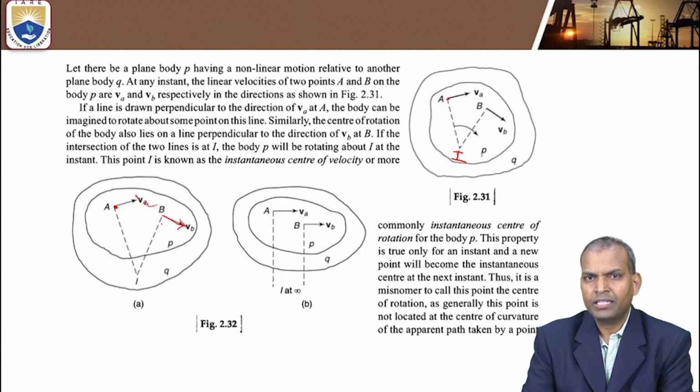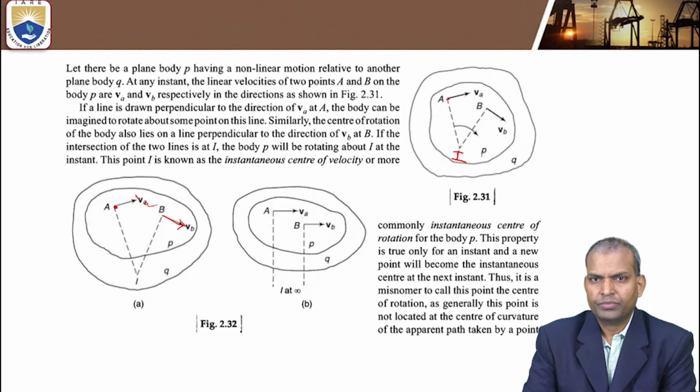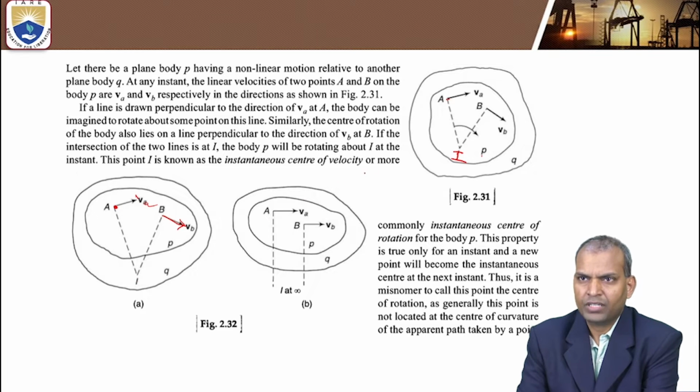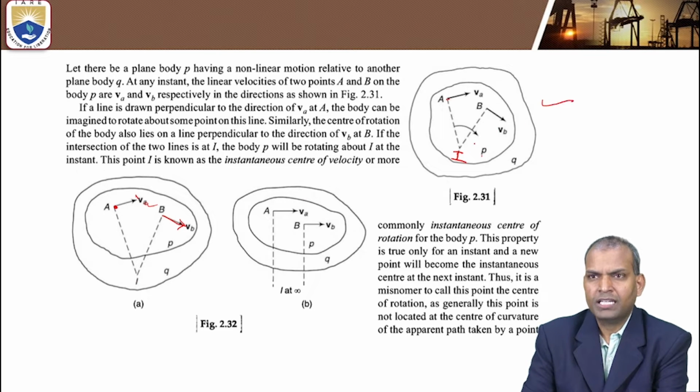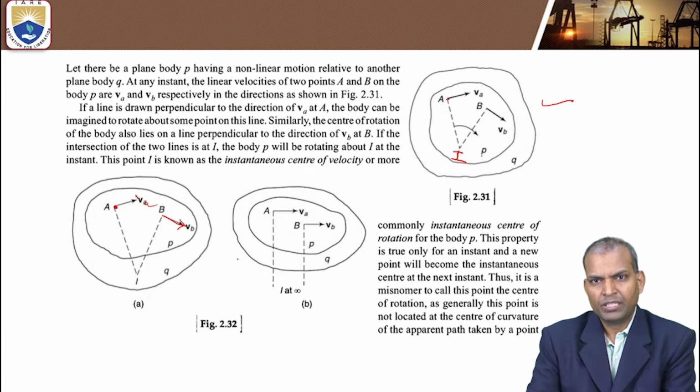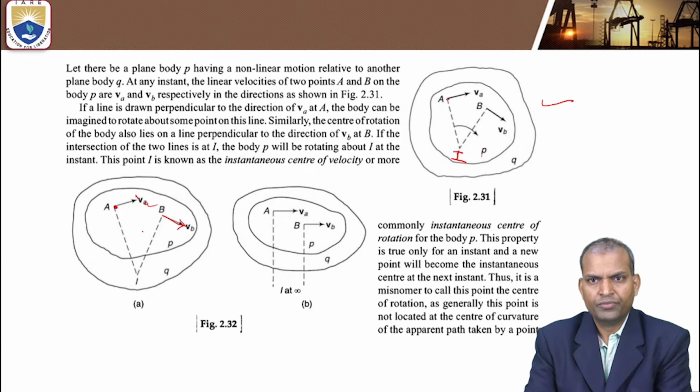The I-center of P in relation to Q is outside the body P. Whereas in this figure, the I-center is on the body P, and it is not on Q. Observe figure A, it is outside the body P. If you observe figure 2.31, it is on the body P.